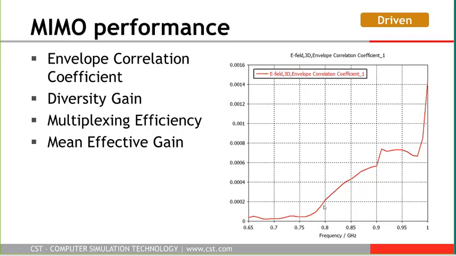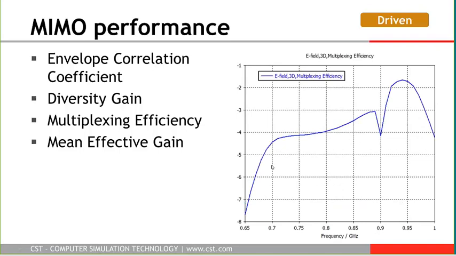So in this graph, we see that the correlation for the MIMO prototype designed by Sunway is extremely low. It's below 2 or 0.0002. And you can also take into account efficiency or losses in the structure to calculate multiplexing efficiency. Again, a very nice result for the antenna prototype.